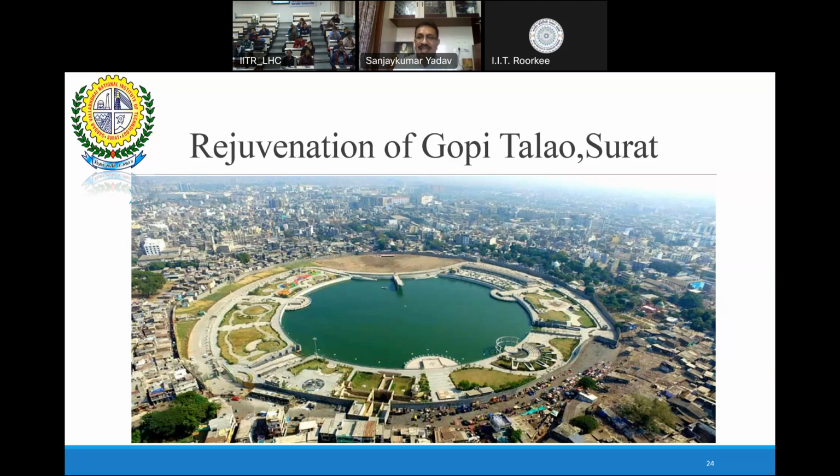So this is a great example, and I love to show it to you. If any participant is in Surat at any time, definitely keep this place on your list. You will definitely feel happy after visiting it. So thank you very much for this first lecture, Urban Ponds: Principles and Practice. Thank you.